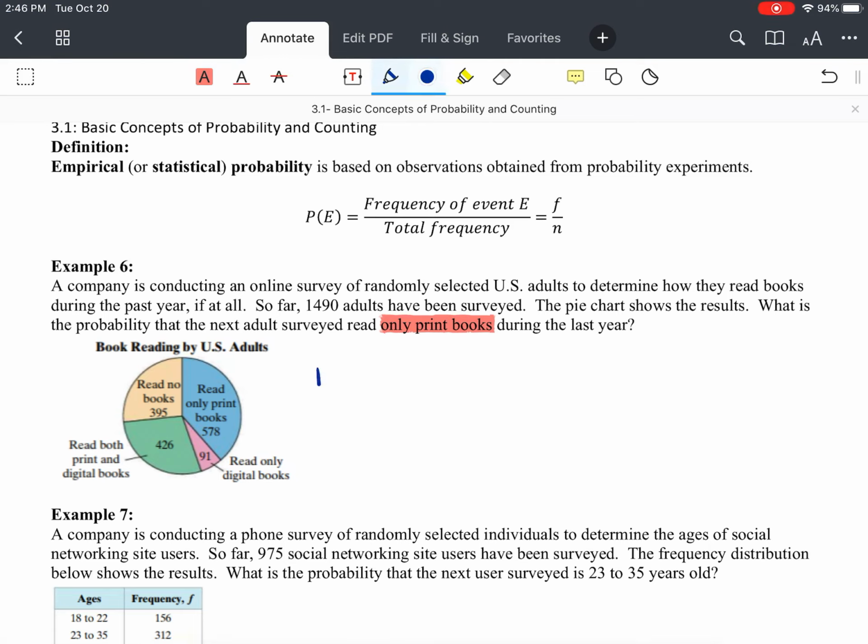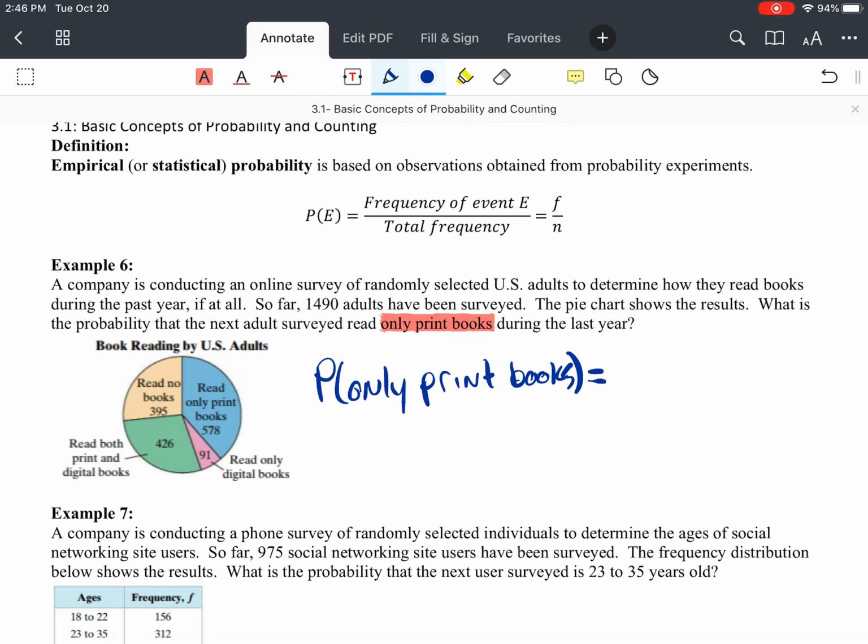Okay, so setting this up, we've got the probability of only print books. Okay, so this is our event. It is equal to the frequency, or the number of times that we had people read only print books, which would be over here, 578.